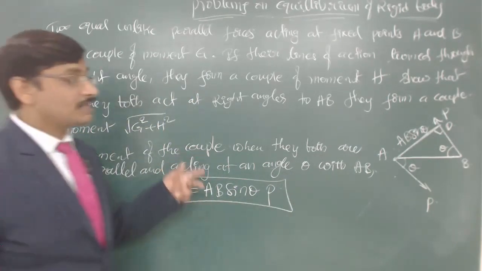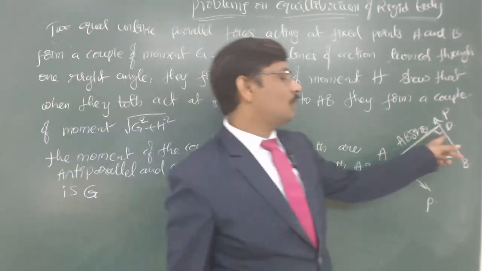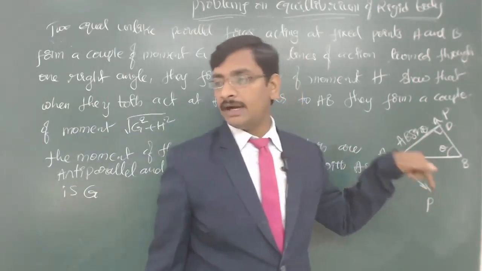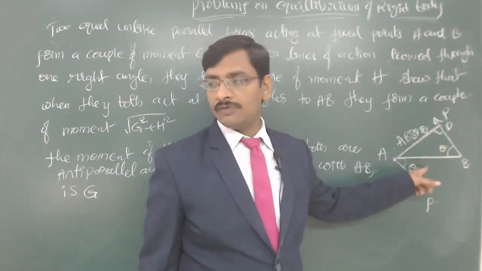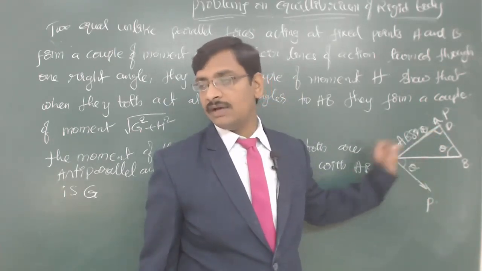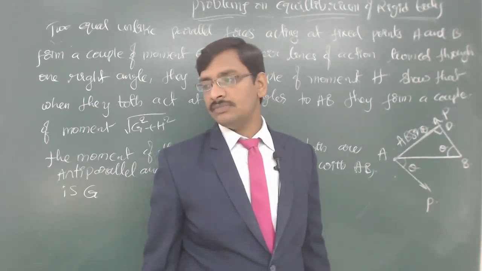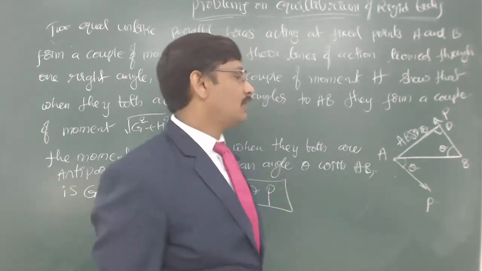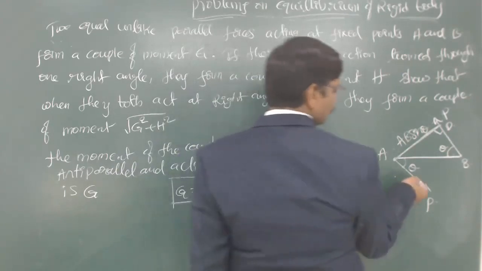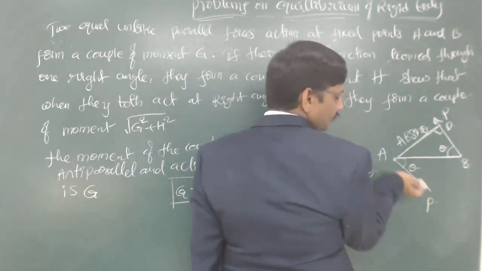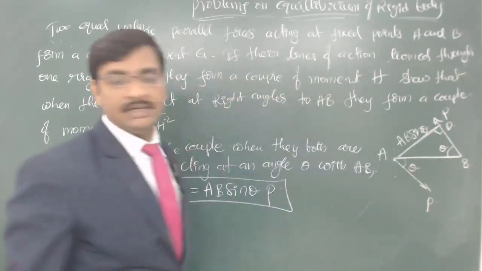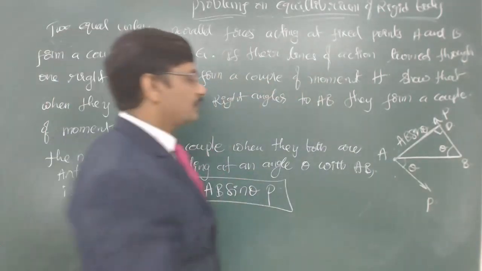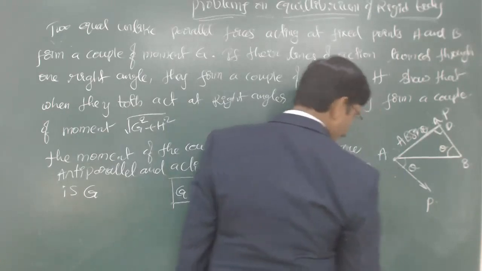Now what he said was that these forces are turned through an angle of 90 degrees. That means this turned by 90 degrees and this also turned by 90 degrees. So now let us say it rotated by an angle of 90 degrees to AB.